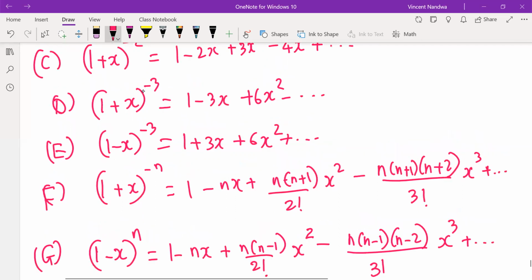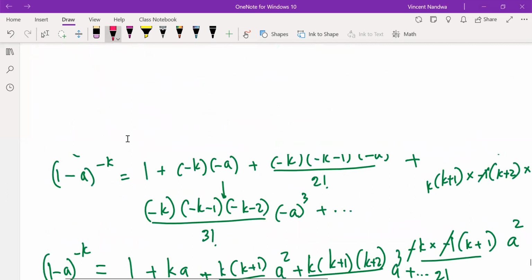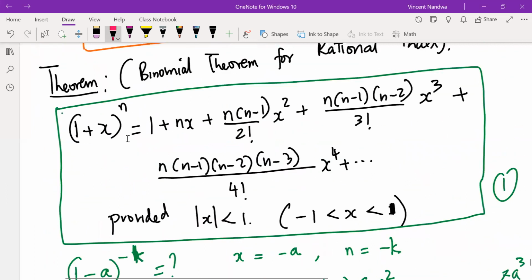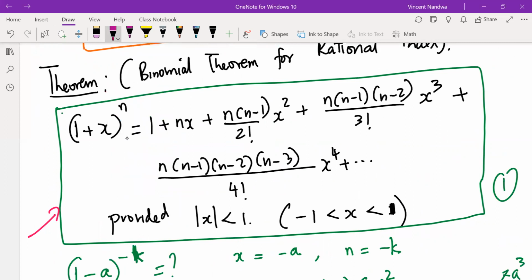So the main formula is the one we stated in 1, and from this formula you can always generate other formulas. Note that when you are using this, you must always ensure that the coefficient of the starting number in the binomial expression is 1. So this must always be 1. And also ensure that the magnitude of this value is less than 1.